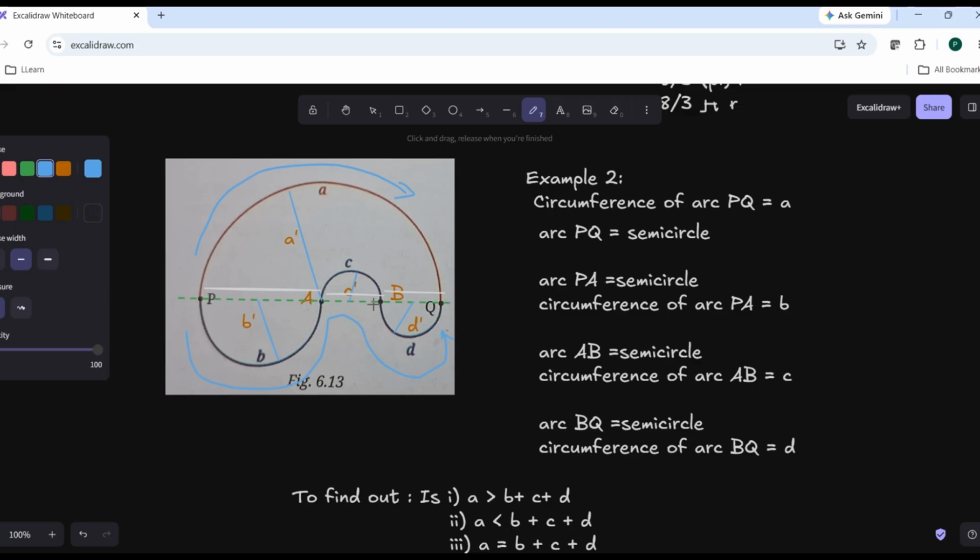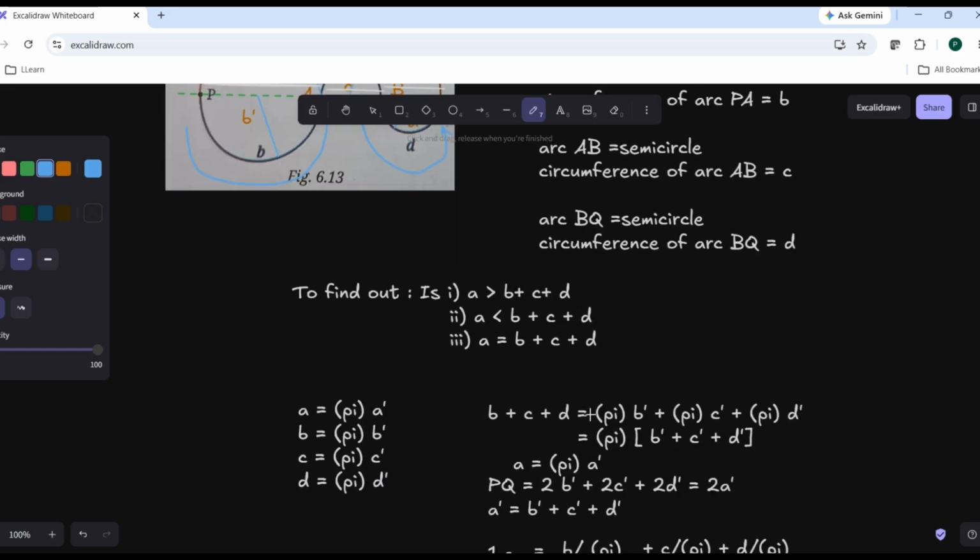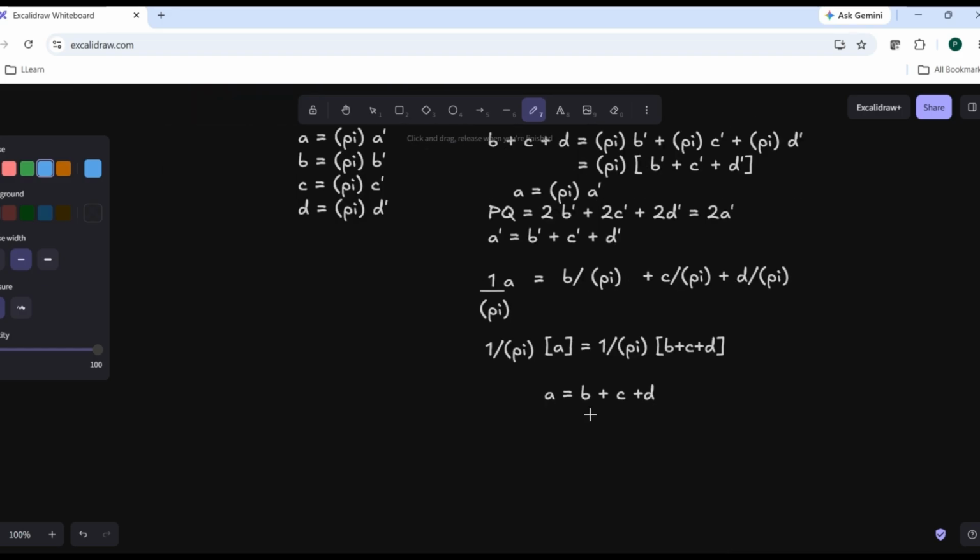Even though when you just look at the figure, definitely it looks like the second one, the roundabout one, is longer, right? But when you calculate it, they both are of the same length. So A is equal to B plus C plus D. This is the answer. So our answer is this third one.